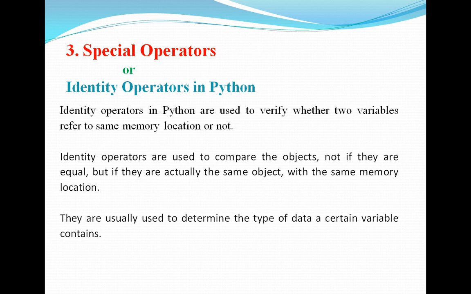Identity operators are used to compare the objects, not to check if they are equal, but if they are actually the same object. They won't check whether they are equal or not. They will check whether they are the same object, with the same memory location, that I explained with the help of the paint screen.